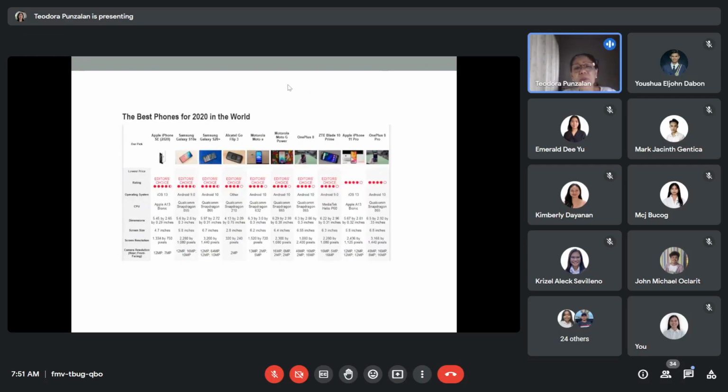So supposing your interest is on phones, you want to know about the best phones in the world. But this is for 2020 class. I don't know about for 2021 and for 2022. So kung ganahan mo, if you want to go solo, you can grab this. Pero ayaw lang ang 2020 ha. Maybe for the last 3 years, 2022, 2021, 2020. Okay. So there are 10 phones compared here.